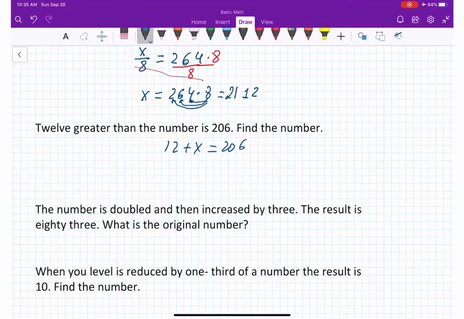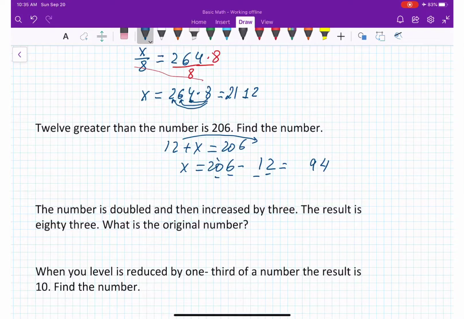Okay, so x is equal, moving 12 on this side, it's going to be 206 minus 12. Let's see. 6 minus 2 is 4. So borrowing here, 10 minus 1 is 9, and here will be left only 1. 194.